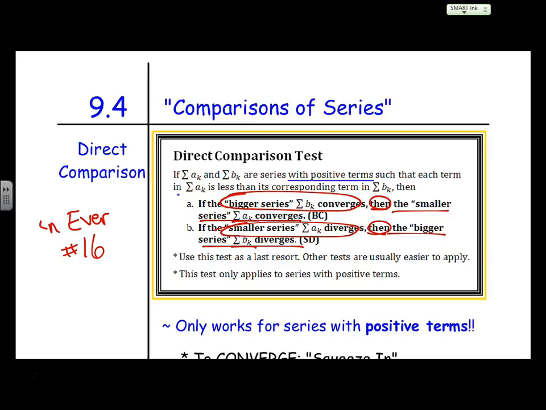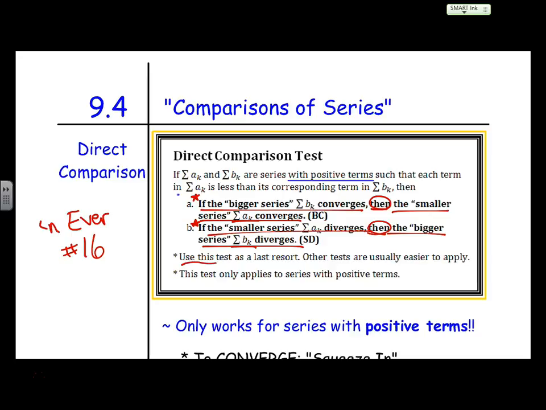So, one more time. When we look at a question, this test gives us the answer if we think of the one that we are trying to figure out the convergence or divergence of as the second in this statement. So the ifs are the ones that we should be able to easily do, and then based on their conclusion, we are able to answer the one we are looking at.